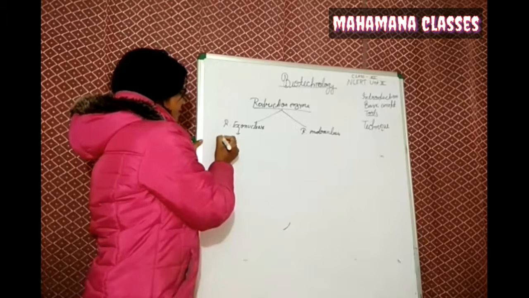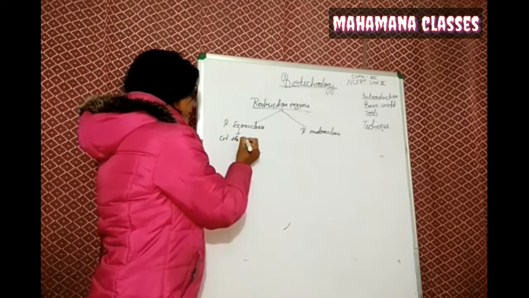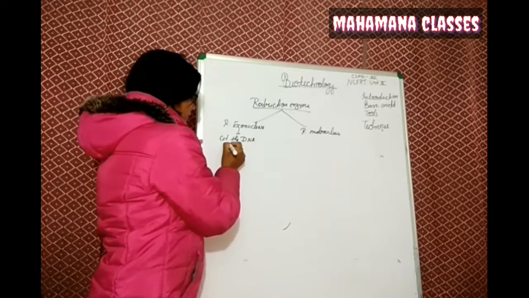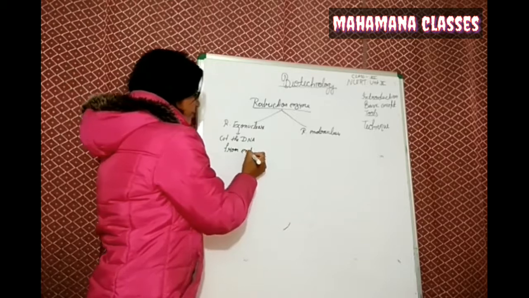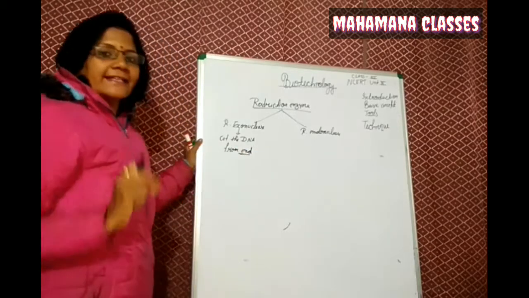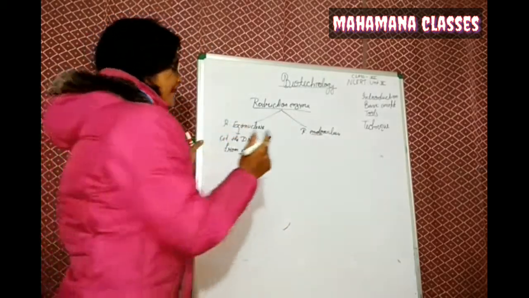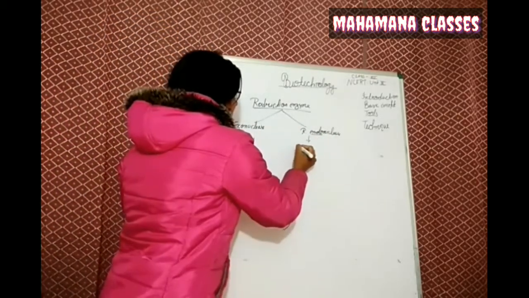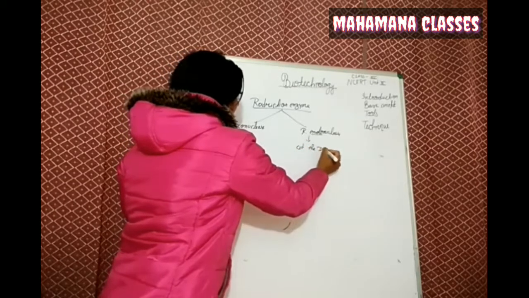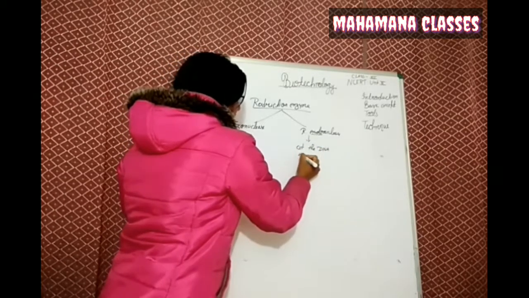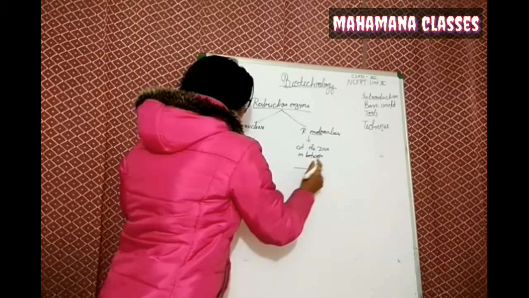It cuts the DNA from the end, at the extreme. And endonuclease? Endo means inside. It will cut the DNA piece in between, like this.